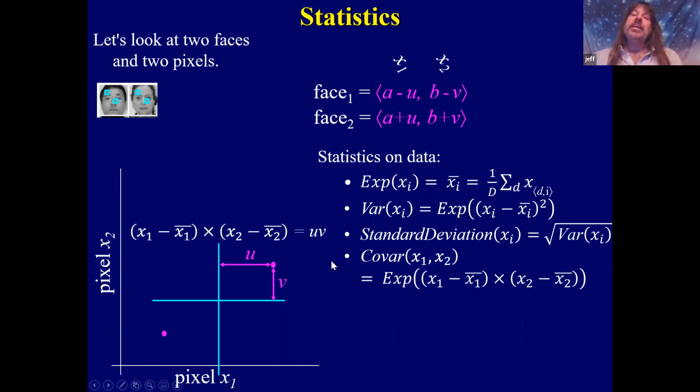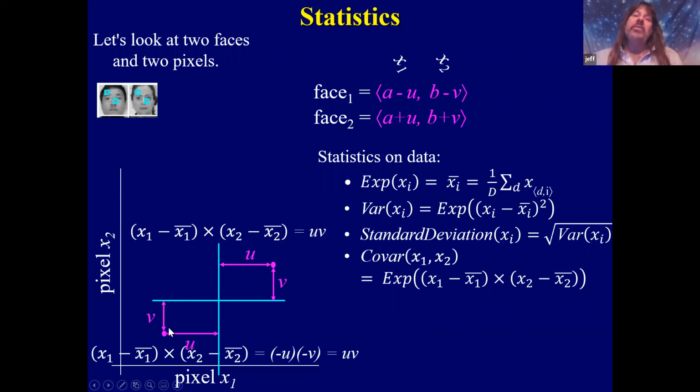So let's look at these two cases here. What we have here is how much x1 is deviating from its mean. In this example, x1 is deviating by positive u from its mean. And similarly, x2 is deviating positive v from its mean. So we take the product of positive u and positive v, and we get uv.